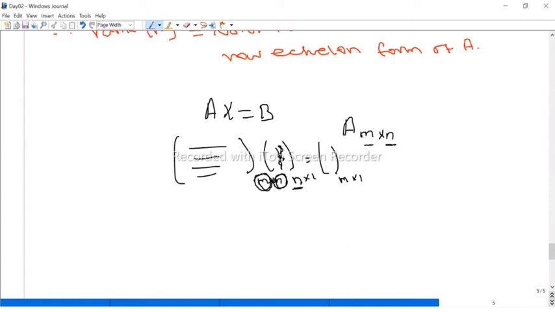So if I write the system in matrix form Ax = b, and A is an n by n matrix, then this n is the number of variables and this n is the number of equations.